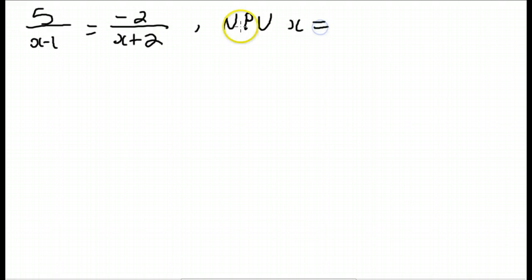So x cannot be 1 or negative 2. This is especially important now because when we solve, if we get a solution of negative 2 or positive 1, then we would say there is no solution to this.